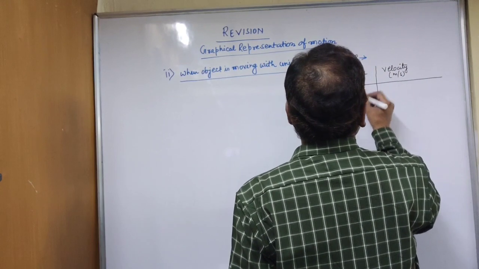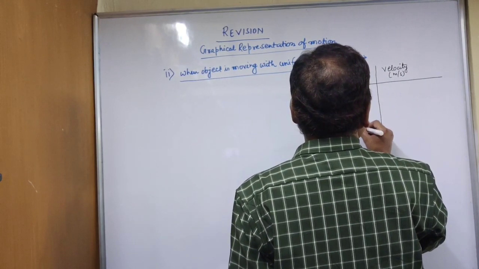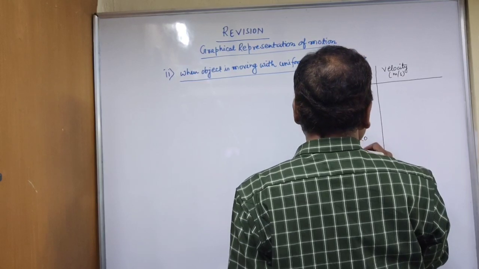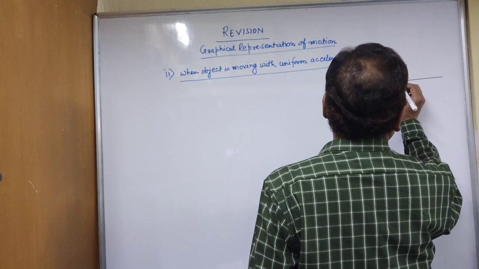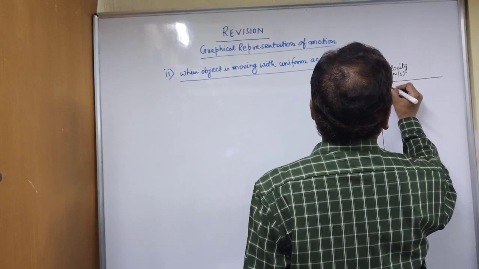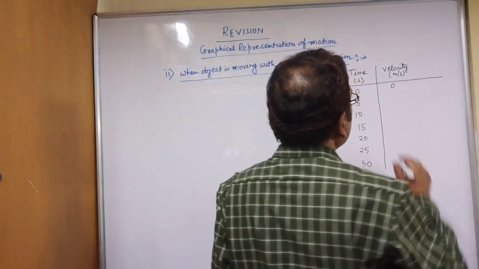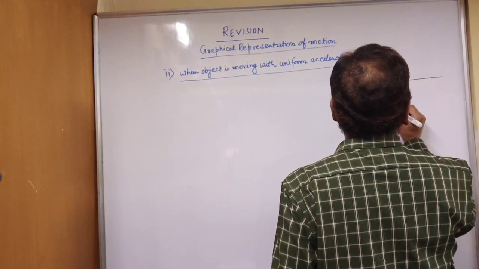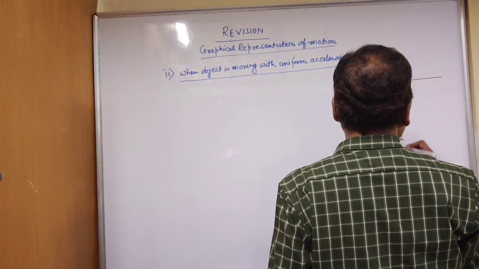Let the time be 0, 5, 10, 15, 20, 25, 30, like this. And the velocity is 0. It starts from 0, then 9, 18, 27, 36.